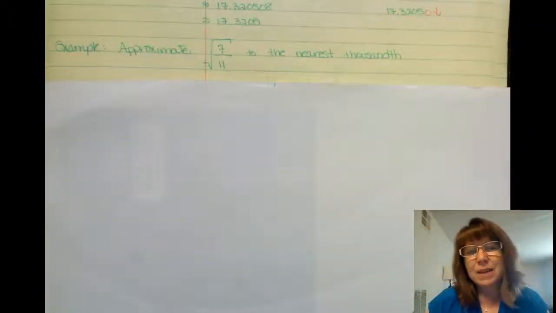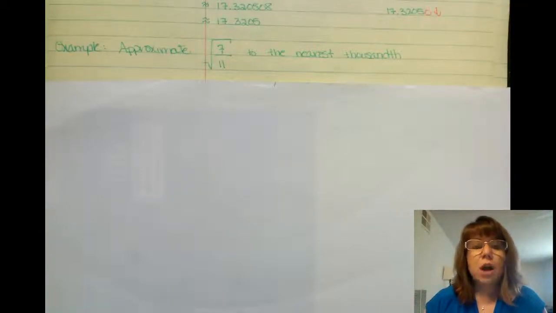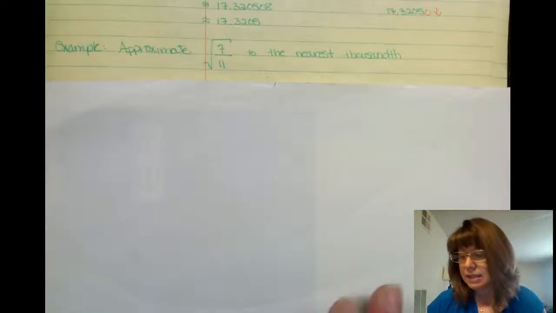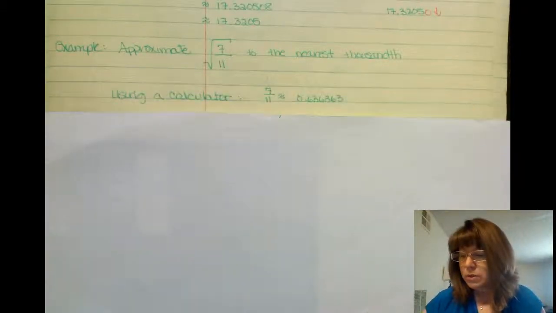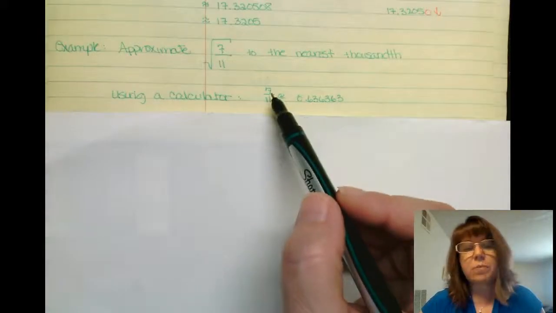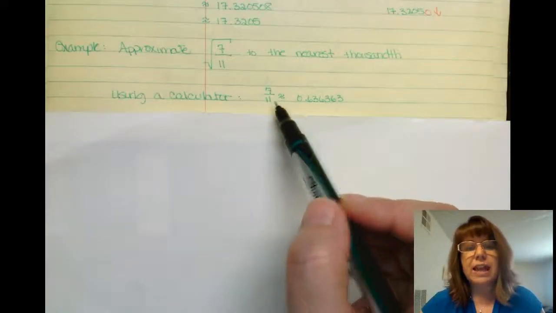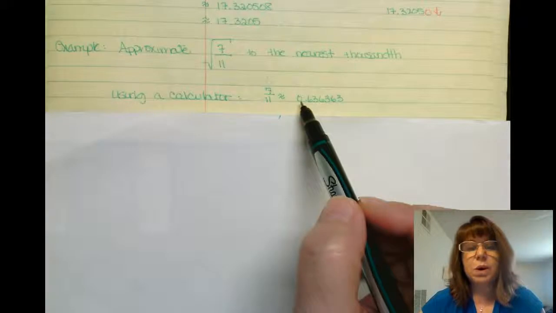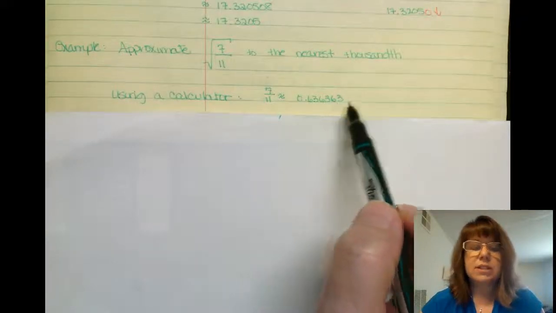So let's take another example. Again, you're going to use your calculator quite a bit in this section. So let's approximate the square root of 7 over 11 to the nearest thousandth. Well, using the calculator, we can approximate 7 over 11 as 0.63636363.